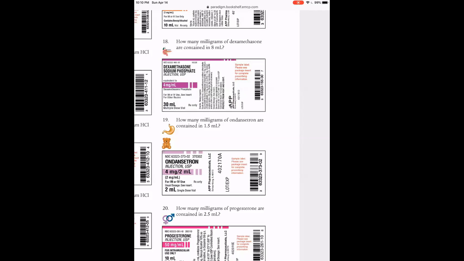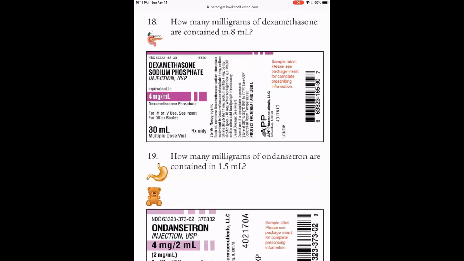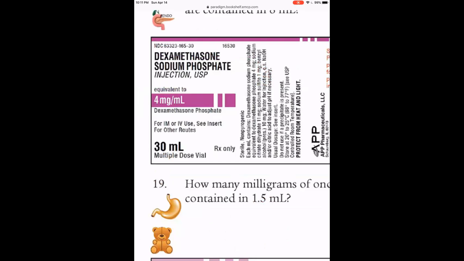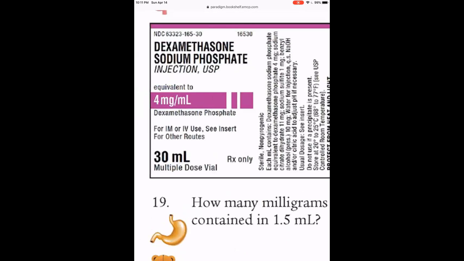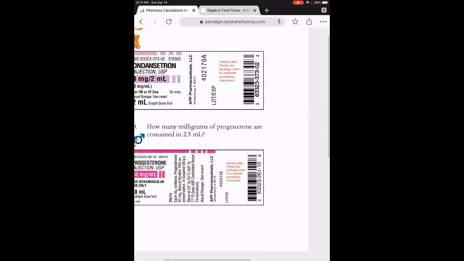Looking at number 18 here, it says how many milligrams of dexamethasone are contained in 8 mLs. Looking at our label here, we see dexamethasone sodium phosphate, and the important part to look at is the concentration, which is 4 milligrams per ml.